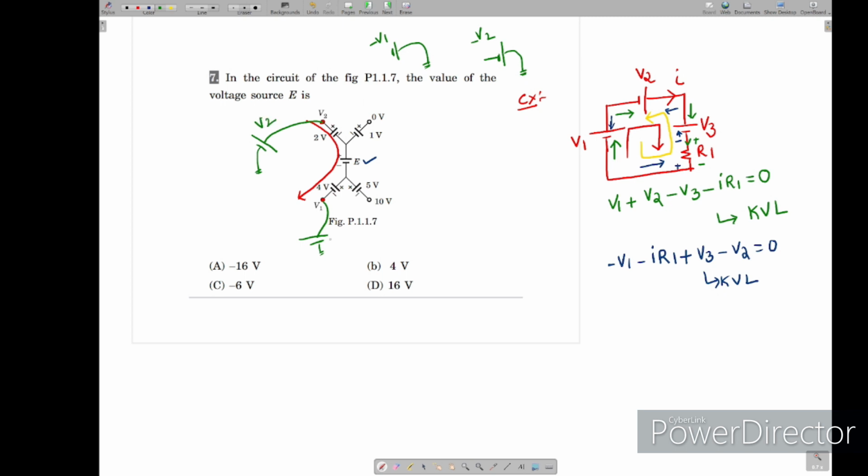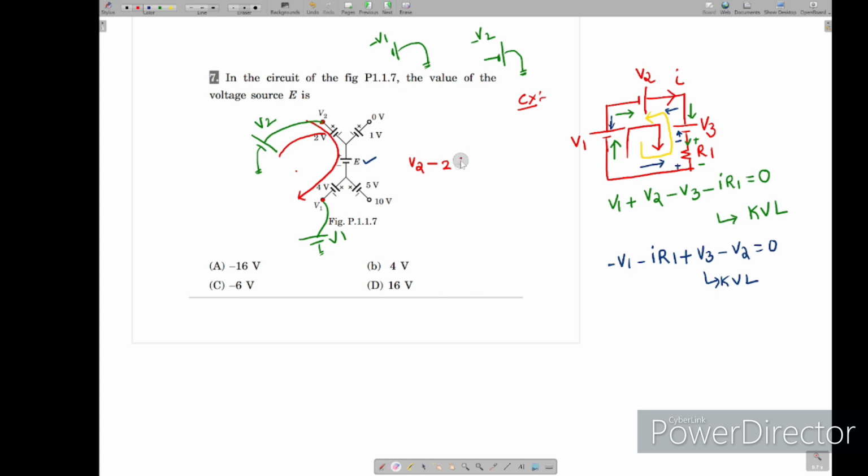If I apply the KVL in this loop, that's what I already marked. I will write KVL in the main loop like this. Negative to positive, V2 minus 2 volts.